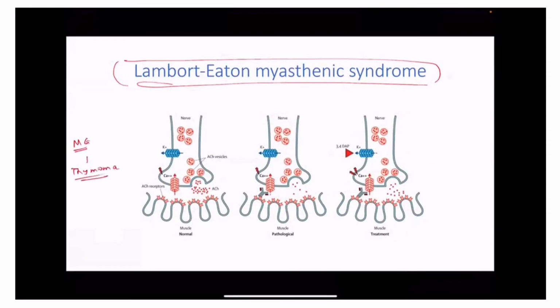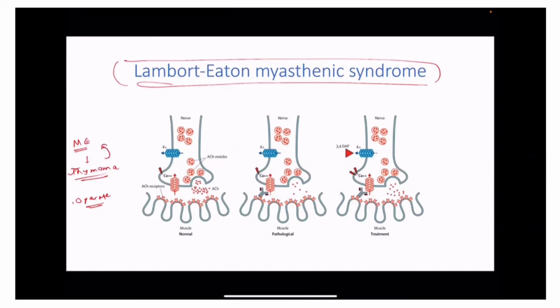Around 70 to 80% of cases are associated with thymoma, so once you find out that the patient has myasthenia gravis, we check for thymoma and we operate on these patients. Or vice versa, if you find on your X-ray or a CT thorax that the patient has thymoma, we always look out if the patient has myasthenia gravis. It is that common, the association.